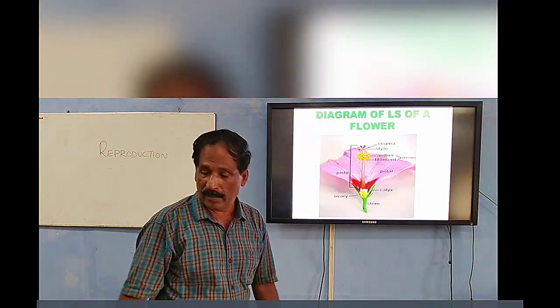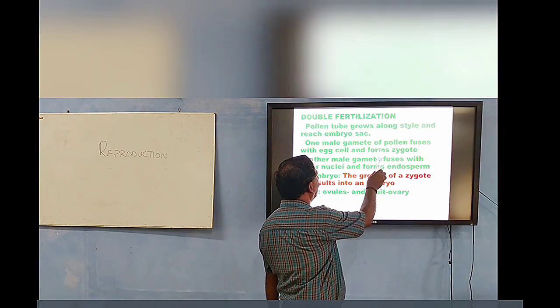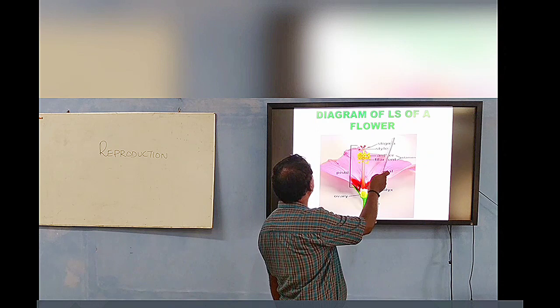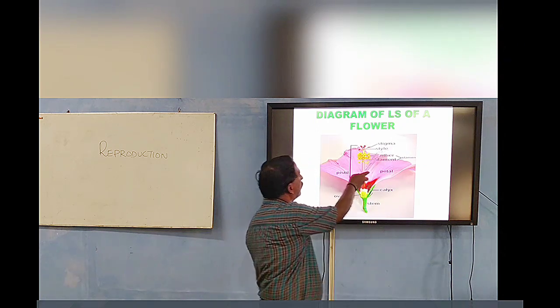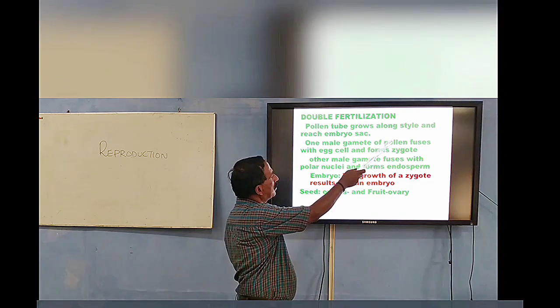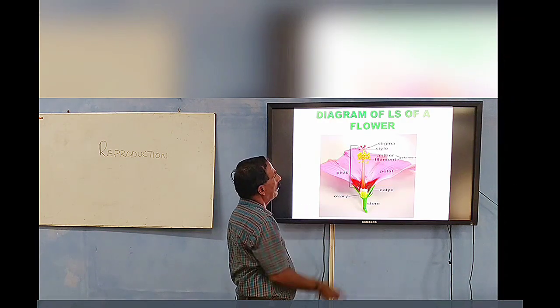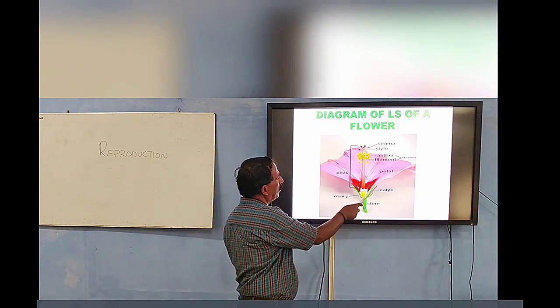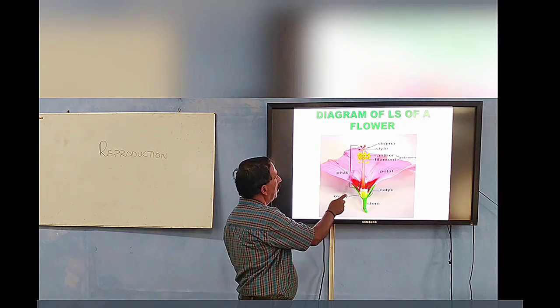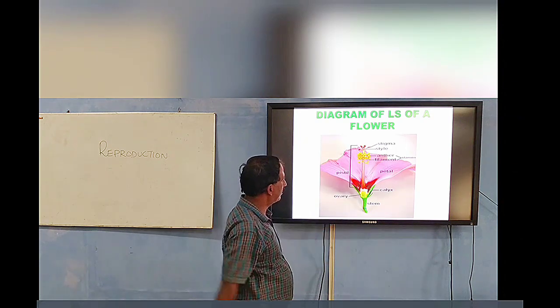This is what I have just shown you, the flower parts. This is the stigma, this is the style, and this is the anther. This is the petal, this is the pistil. This is the sepal, and sepals together form the calyx, and the petals together form the corolla.